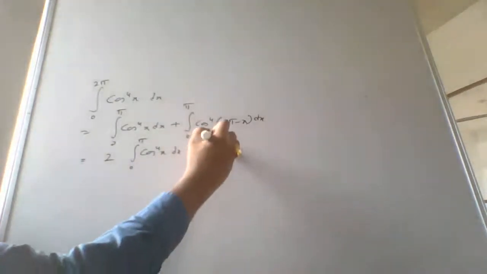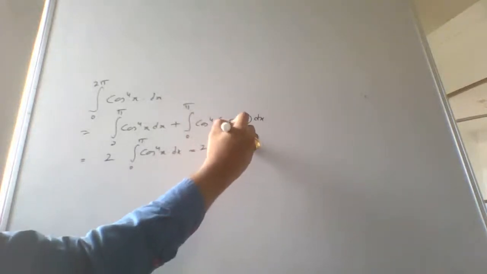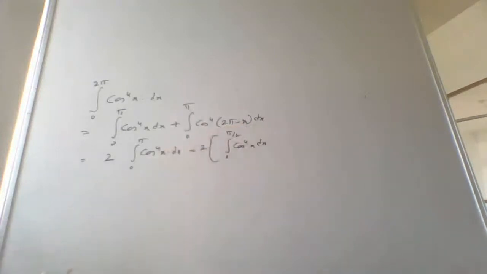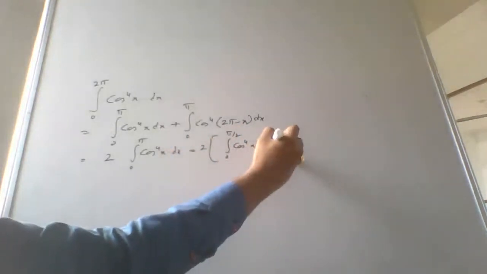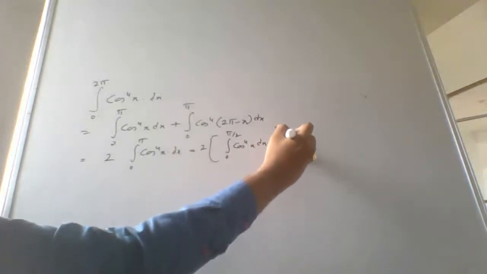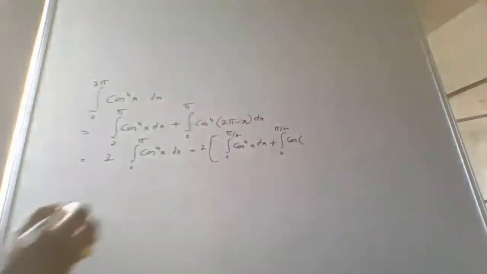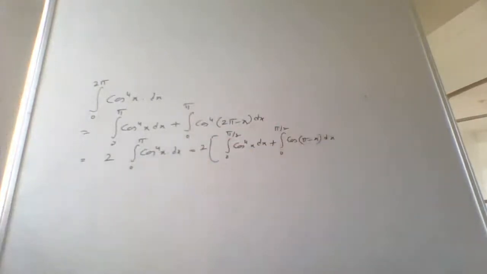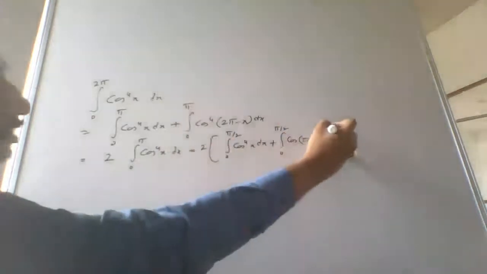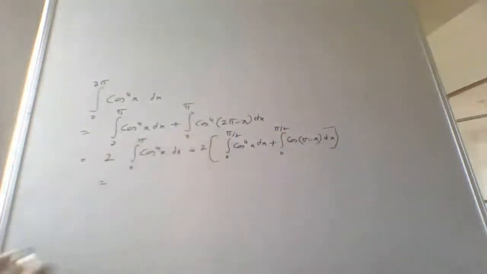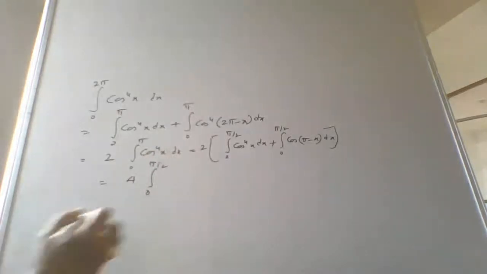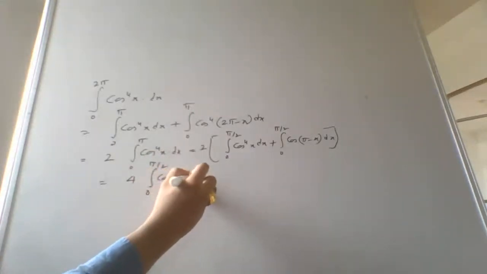Again, this I can write as 2 times the integral 0 to pi by 2 cos power 4x dx plus the integral 0 to pi by 2 of cos (pi minus x) power 4 dx. If I multiply it by 2, I get 4 times the integral 0 to pi by 2 of cos power 4x dx.